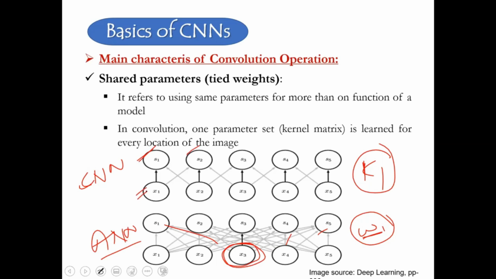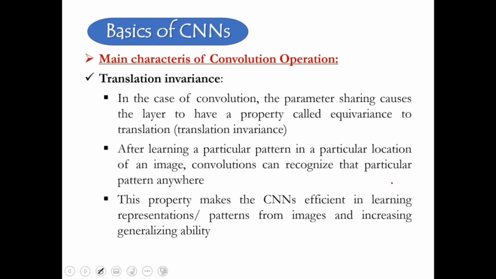So for all cases, K1 is shared, right, for a particular feature map, isn't it? So this parameter is shared, right, for a particular pattern the same filter or same kernel is used, right? So this has an added advantage for the convolution or the CNNs.